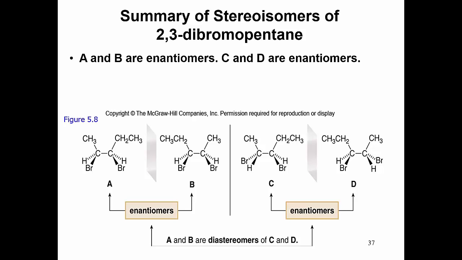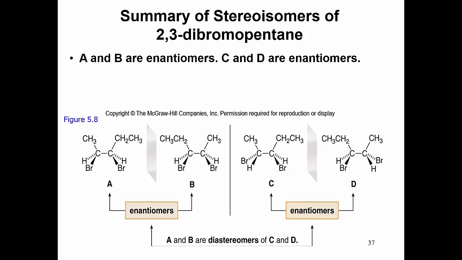So with these stereoisomers of dibromopentane, we actually get two pairs of enantiomers. The relationship between A and B is enantiomers, and between C and D, enantiomers.